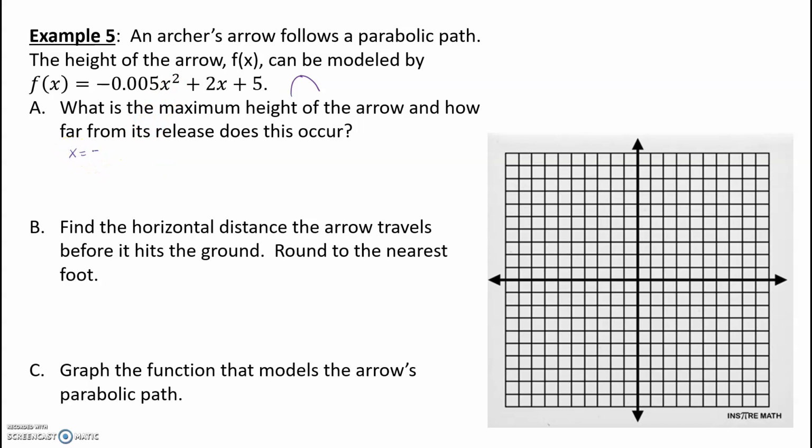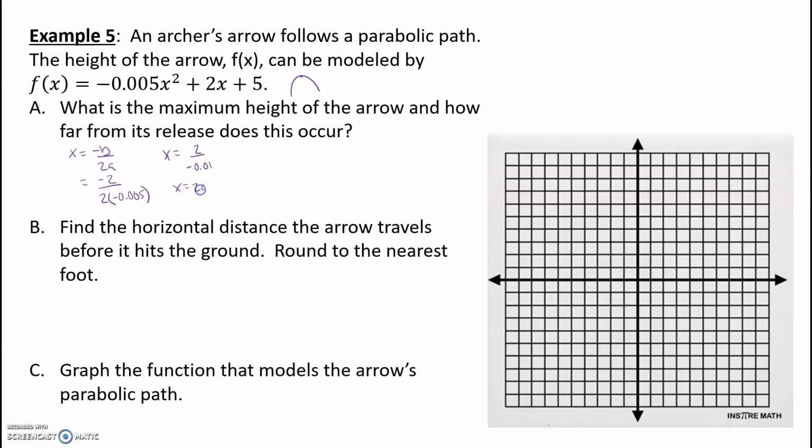All right, we want to find that vertex, opposite of b over 2a. So we've got opposite of b over 2 times a, which is a little bit longer, 0.005. All right, so we got x equals 2 divided by negative 0.01.